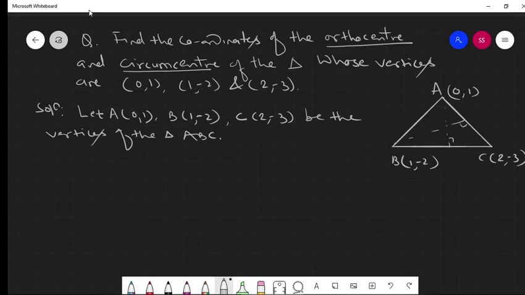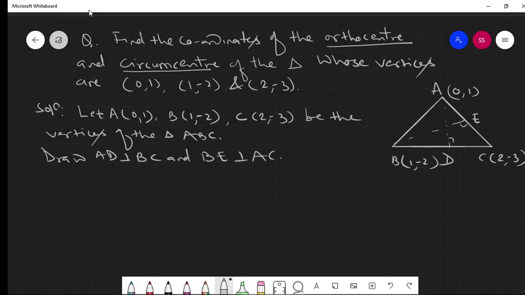Now we have to draw, this is D, this is E. Draw AD perpendicular to BC and BE perpendicular to AC.